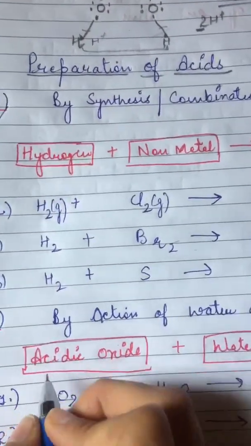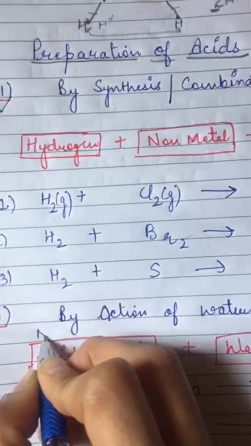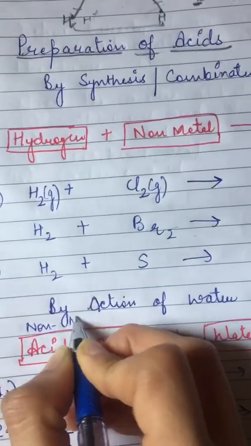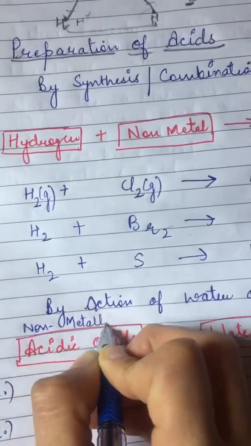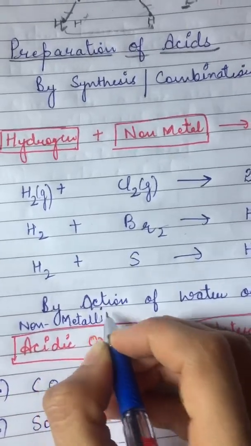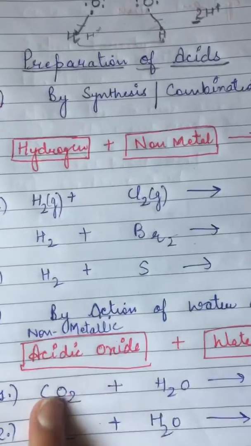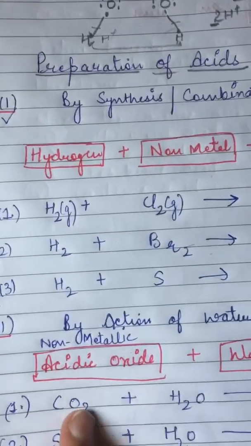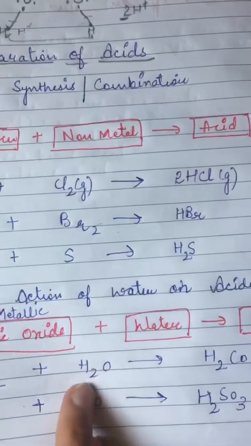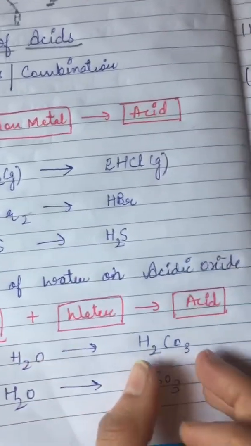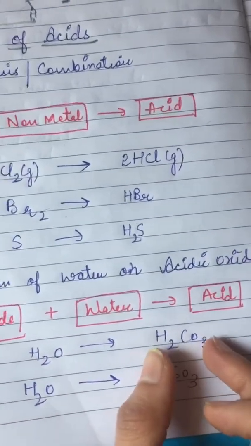Next is by the action of water on acidic oxide. Acidic oxide, or we can also say non-metallic oxide, because non-metals always form acidic oxides. Carbon is a non-metal, so carbon dioxide plus H2O will give carbonic acid, H2CO3.